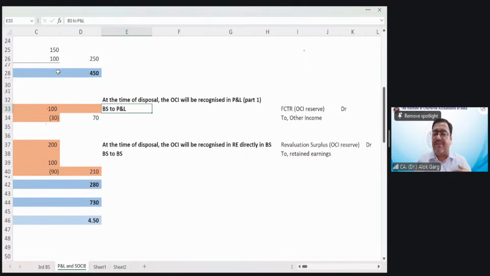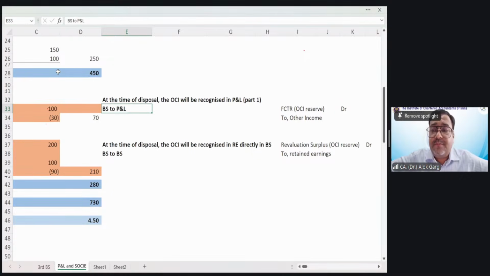Whether you should dispose of the FCTR also, or you should keep continuing with the FCTR for ages in your balance sheet? You should dispose of it, right? Will you dispose of the FCTR or not, tell me.